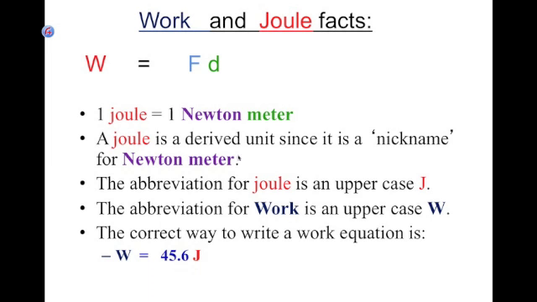A joule is considered a derived unit since it's a nickname for newton meter. The abbreviation for a joule is an uppercase J, and the abbreviation for work is an uppercase W. So the correct way to write a work equation is like you see here on the screen: W equals some number, in this case 45.6 joules.